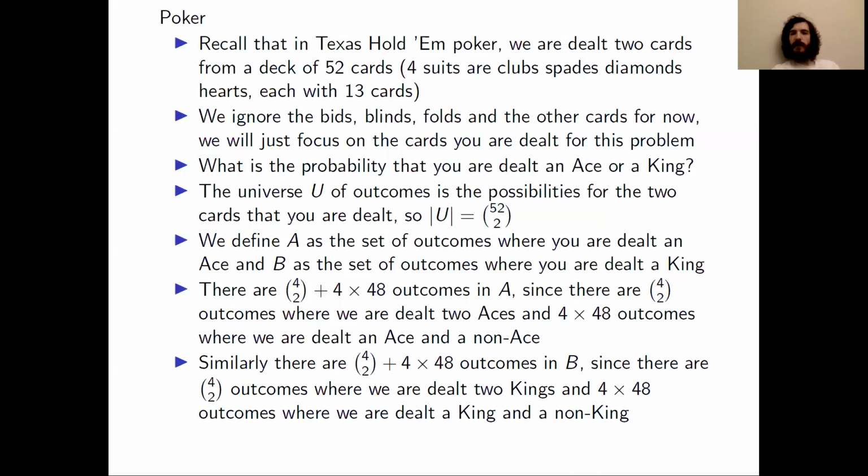Similarly, we get 4 choose 2 plus 4 times 48 outcomes for B. There's 4 choose 2 outcomes for getting 2 kings, and there's 4 times 48 outcomes for getting exactly 1 king with a non-king.